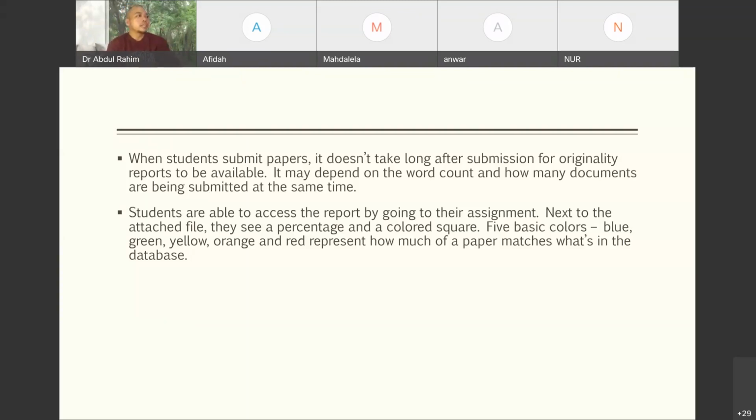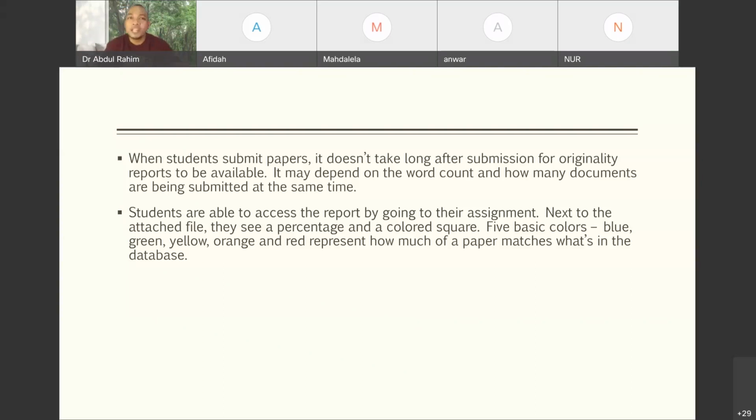Okay, students are able to access the report by going to the assignment. Next to the attached file, they can see the percentage and the color square. In the report, there will be lots of colors in the line shape. There are five basic colors: blue, green, yellow, orange, and red. They represent how much of the paper matches what's in the database.